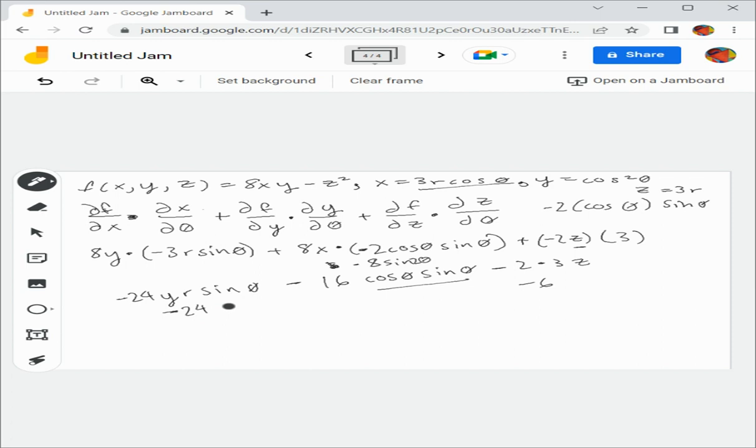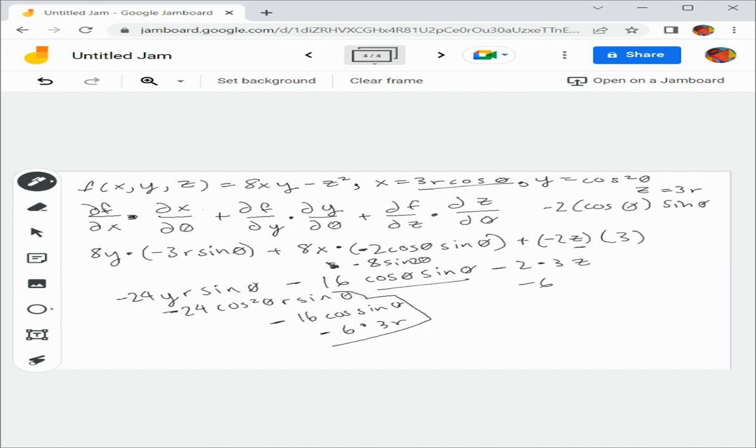But just for guidance purposes, because sometimes it is absolutely necessary. Really? Okay, minus 16 cosine theta sine theta. And over here, minus 6z, which is 3r multiplied by 3r, which is 18r.